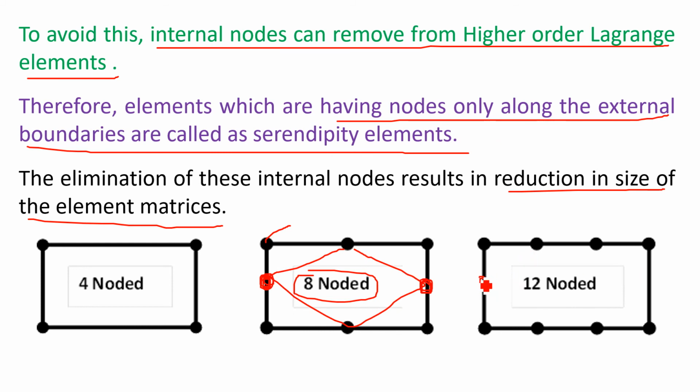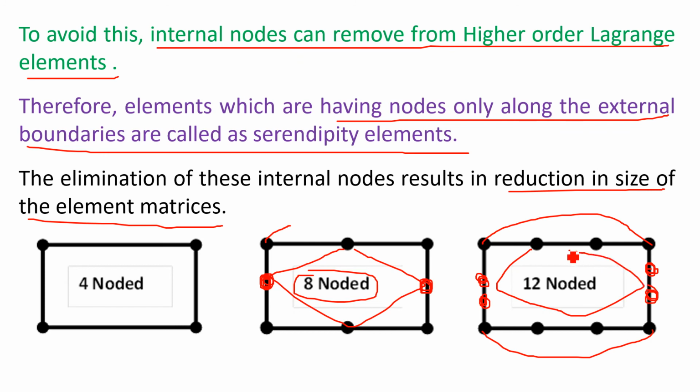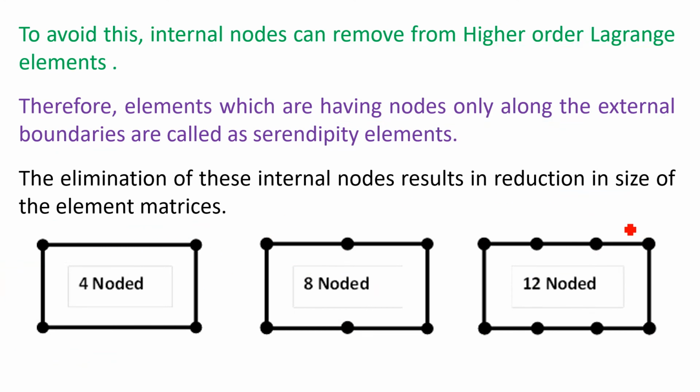Similarly, if you place 2 nodes on each edge, there will be 4 corners and 8 middle nodes, and this is called a 12 noded rectangular element. In all these 3 examples the nodes are only on the edges and there is no internal node present, so these 3 elements are called serendipity elements.